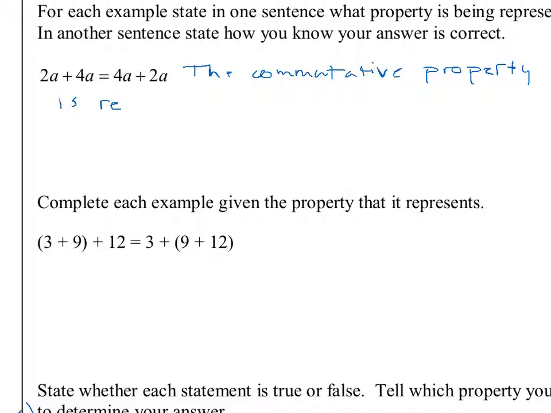Is represented here. And a second sentence is to say how we know our answer is correct. So what is it that we see happening from one side to the next that makes us know this is the commutative property? Andrea?